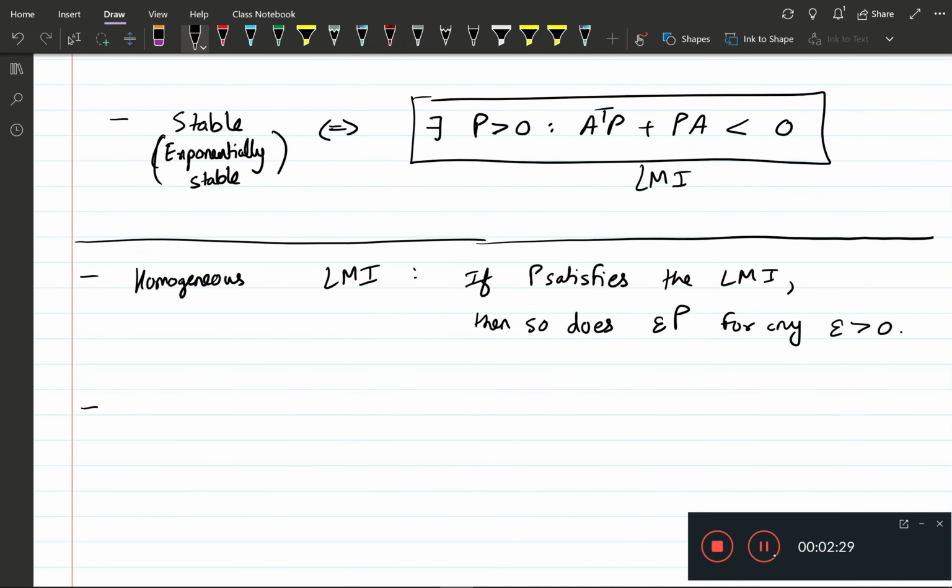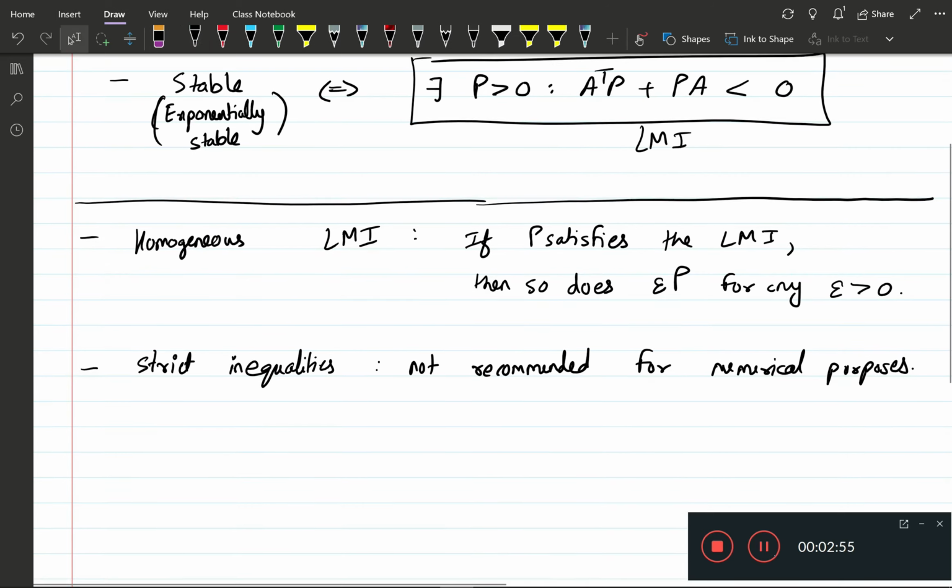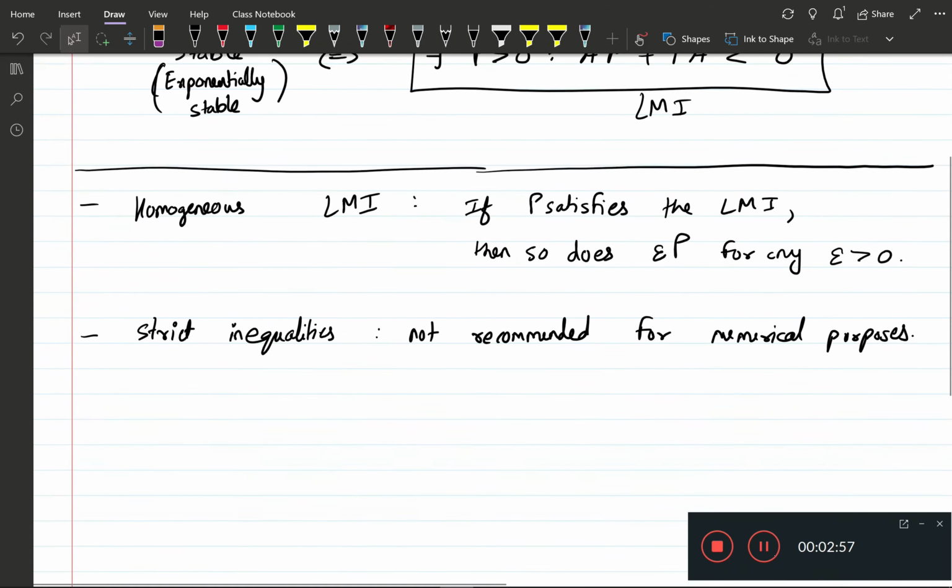Why am I saying this? That's because strict inequalities are not recommended numerically. So we want to convert this into a non-strict LMI.